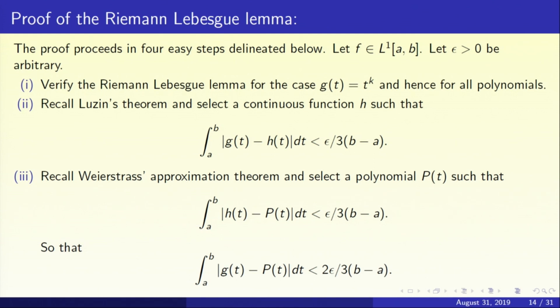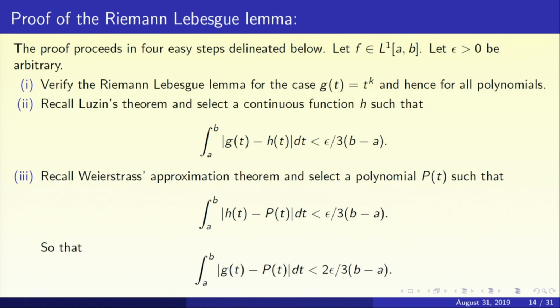We pick a function h such that h is continuous and integral from a to b of mod g t minus h t dt is less than epsilon by 3 times b minus a. Now let us recall the Weierstrass approximation theorem. The Weierstrass approximation theorem says that every continuous function can be approximated by a polynomial p t.